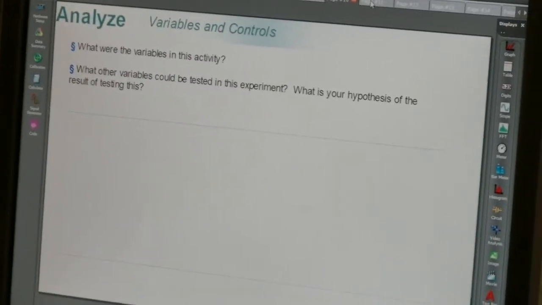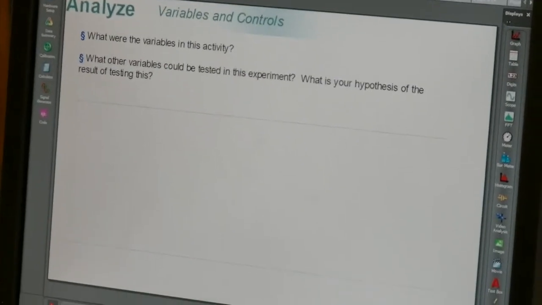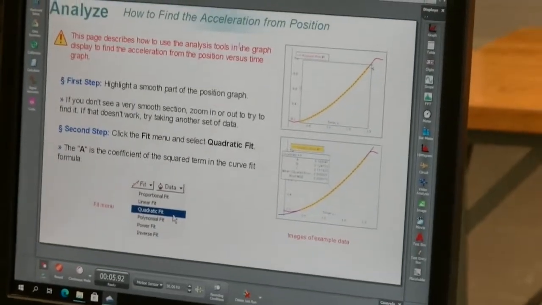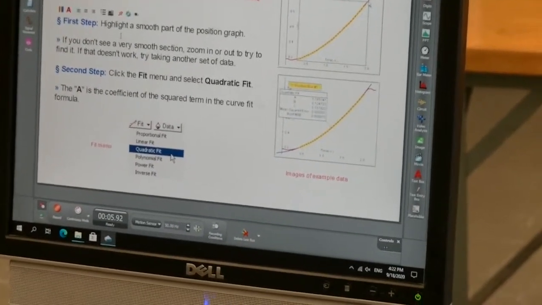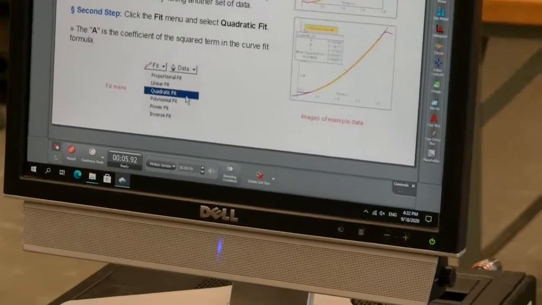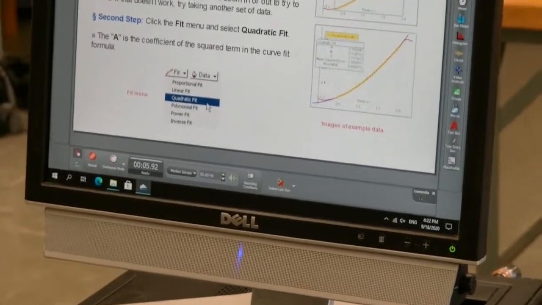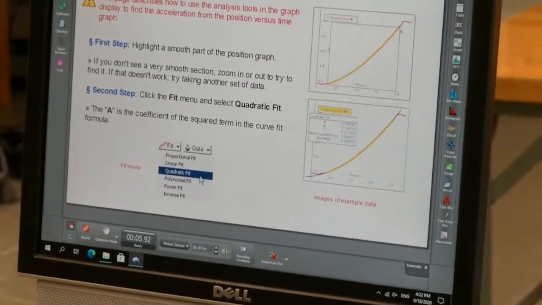And then moving on to page 11, we're going to do another experiment where we find the acceleration from the position time graph, which is kind of like what we did when we did the quadratic fit.